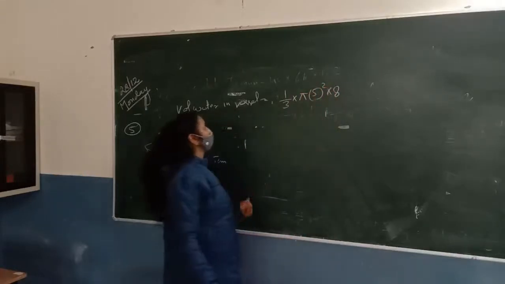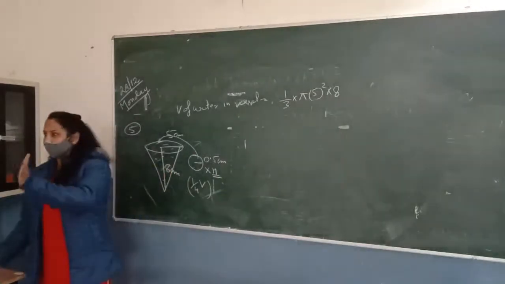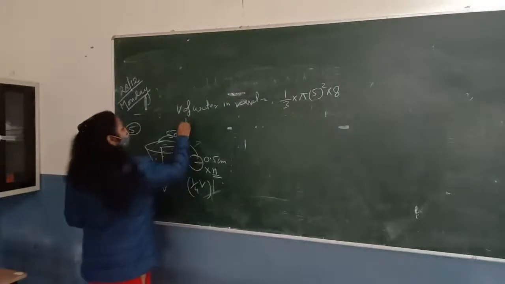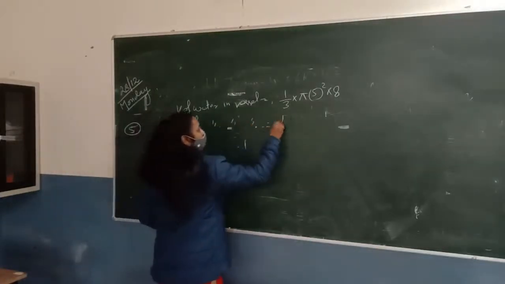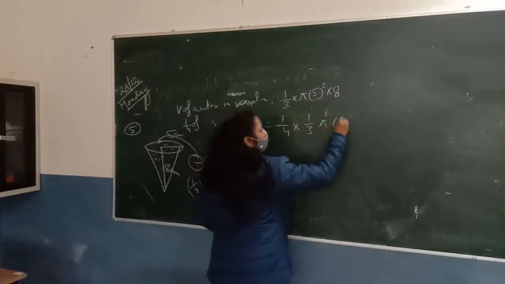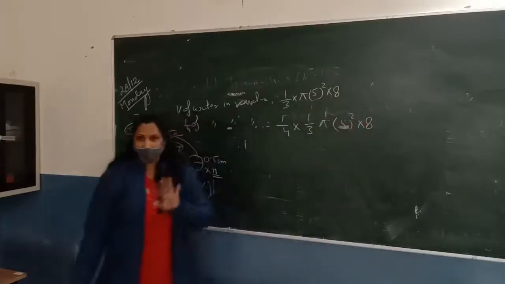This is the volume of the vessel. Now we know that 1/4 of the water comes out from the vessel. So we can say the 1/4 of water in the vessel is equal to 1/4 into 1/3 pi r square into h. This is the water which comes out from the vessel, है ना?